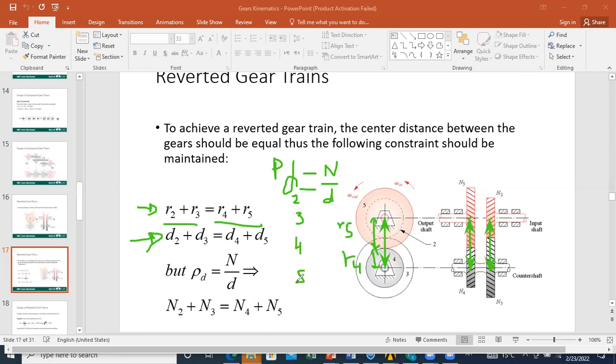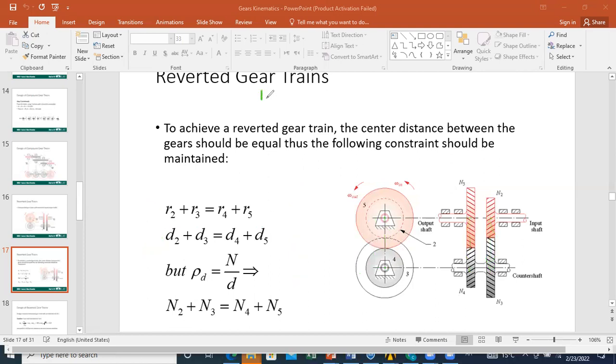This means that you have N2 over D2 is equal to N3 over D3, equal to N4 over D4, equals N5 over D5.